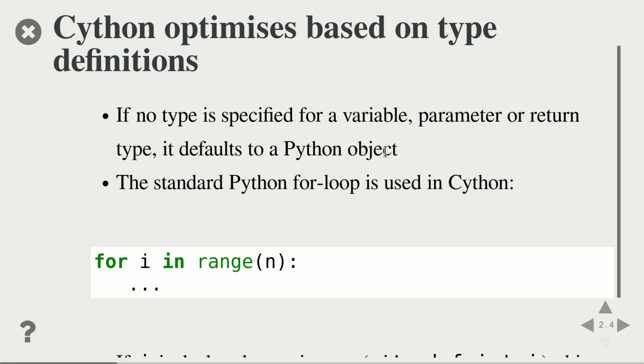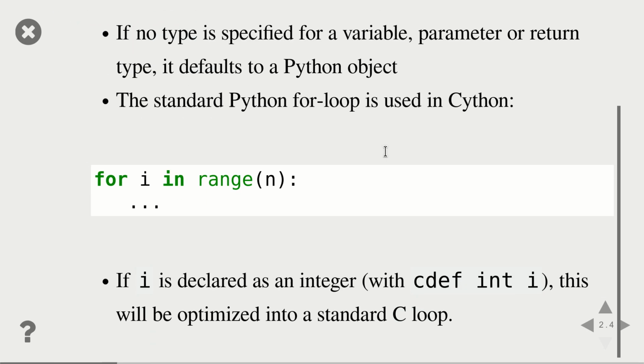In principle, you can just write for i in range n. That's just default Python code, and you don't actually need to change the code. But Cython will optimize this for loop depending on which types you provided. If you haven't provided any type hints for i and n, then you end up with standard non-optimized code.